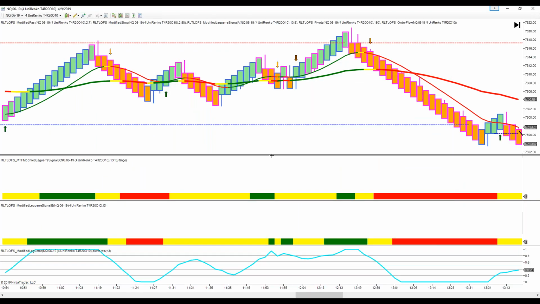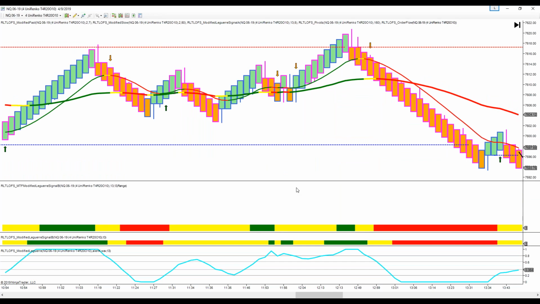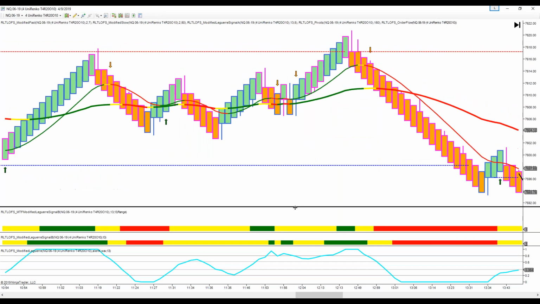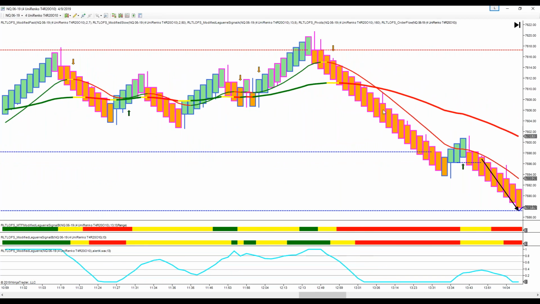So now I only have to deal with two lines, and I have to look at the candle halo. And to give you an example, here is a perfect short trade. We get a break.